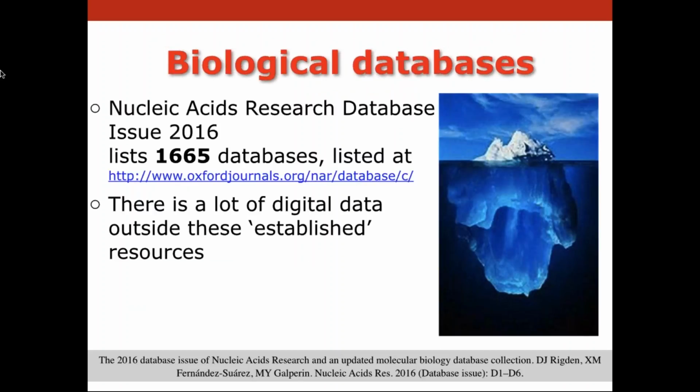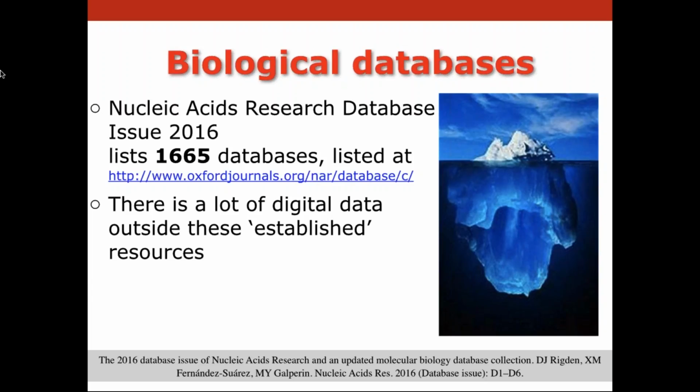In fact, the main reference in terms of biological databases is the yearly Nucleic Acids Research database issue, which in 2016 listed 1,665 different databases. And there's the link here for the list of databases that are compiled by Michael Galperin, who's the editor for the Nucleic Acids Research database issue.